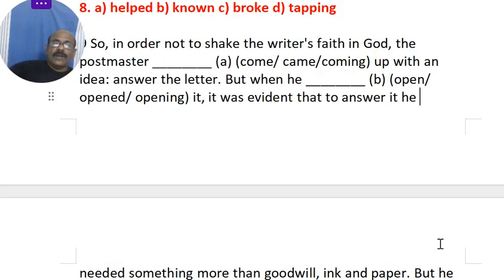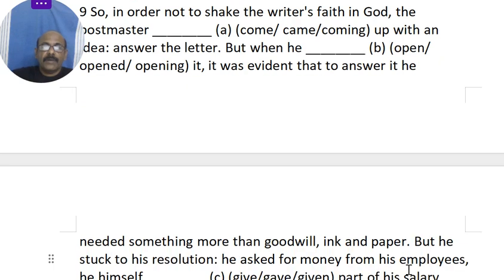So in order not to shake the writer's faith in God, the postmaster came up with an idea: answer the letter. But when he opened it, it was evident that to answer it he needed something more than goodwill, ink and paper. But he stuck to his resolution, he asked for money from his employees. He himself gave part of his salary.